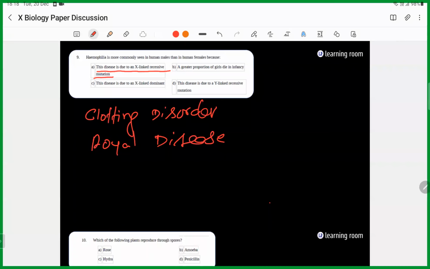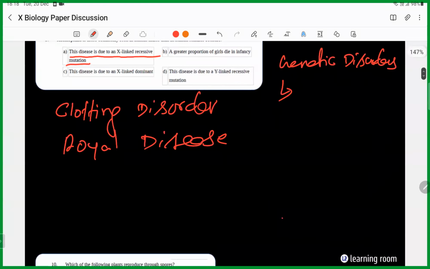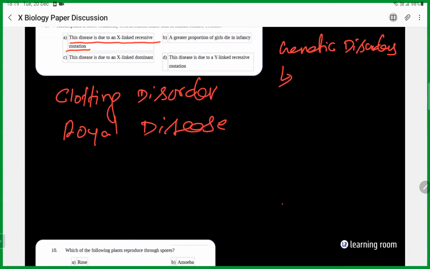See, genetic disorders may be caused by a single gene, so they come under single gene mutation.